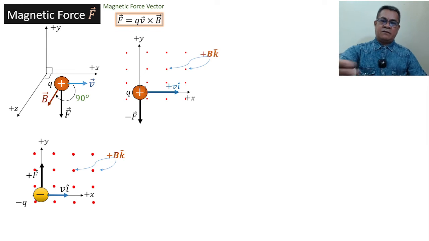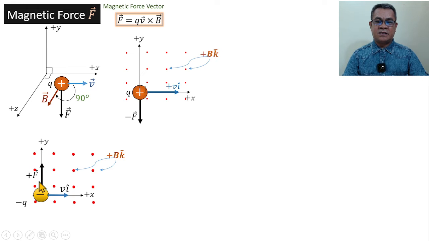Curl your fingers in the velocity direction along positive x, then curl them towards you, out of the plane. Then your thumb, take note, stretches upward. So using the left hand, the force is directed positive y.